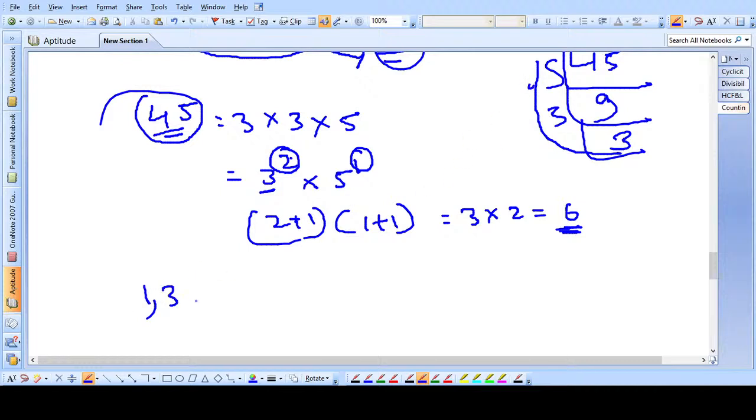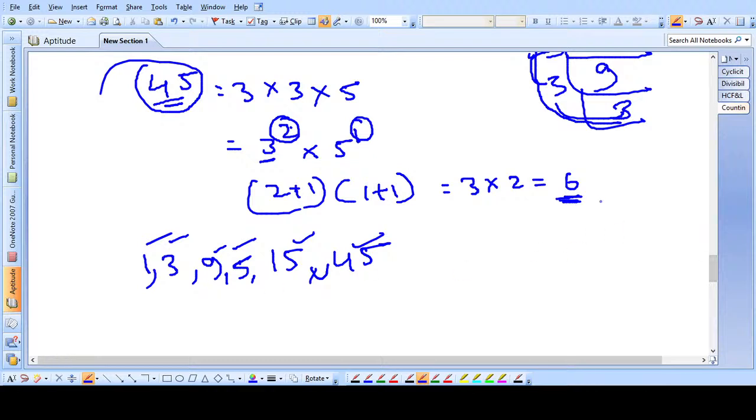Then 3, then taking both 3s together, 9. Taking 3 and 5 together, 15. Oh, by the way, 5 also, then 15, and then 45 itself. So 1, 2, 3, 4, 5, 6. I'm right now not good with this pad, but I'll try. So these are the 6 numbers which are the factors of 45.